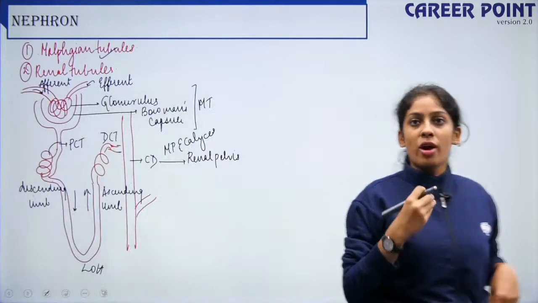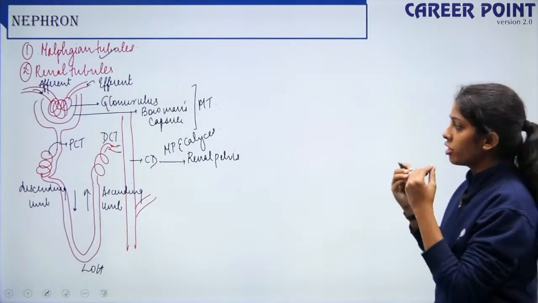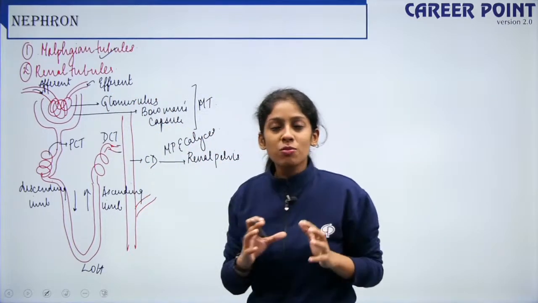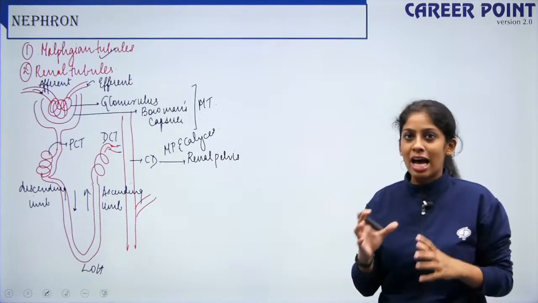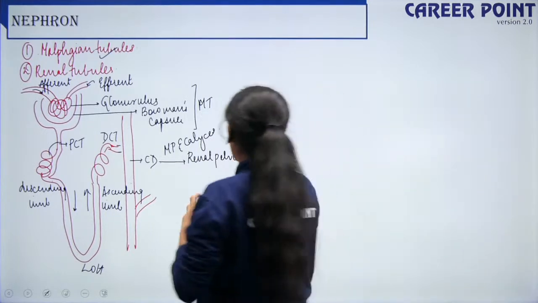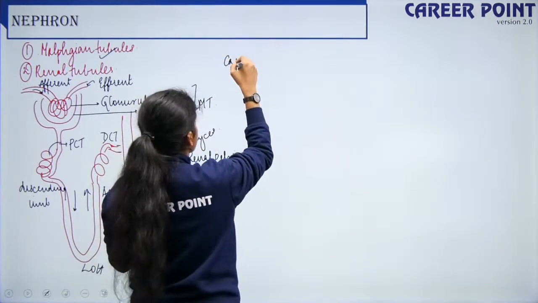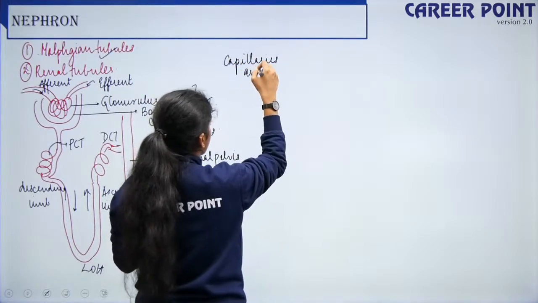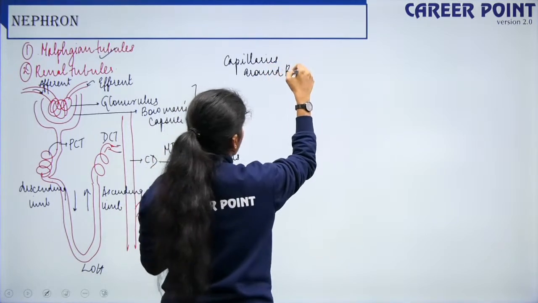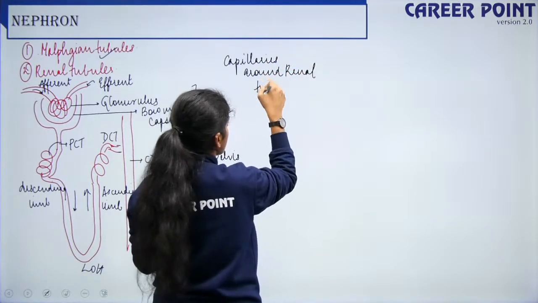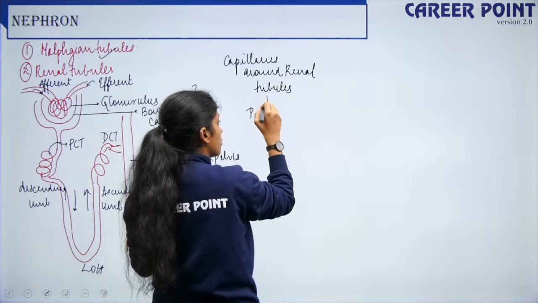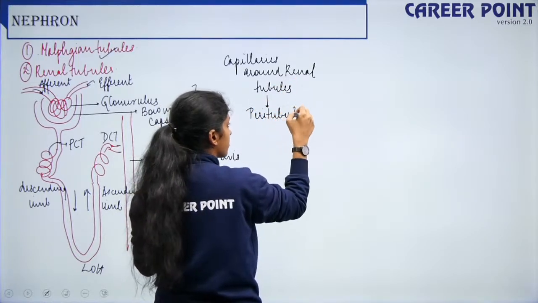After this, we went on to talk about the structure that is adjacent to the nephron. This efferent arteriole forms a network of capillaries around the renal tubules. That is known as the peritubular capillaries.